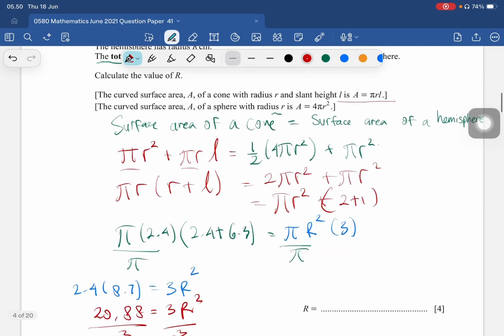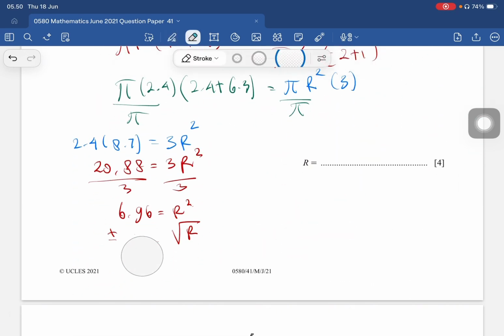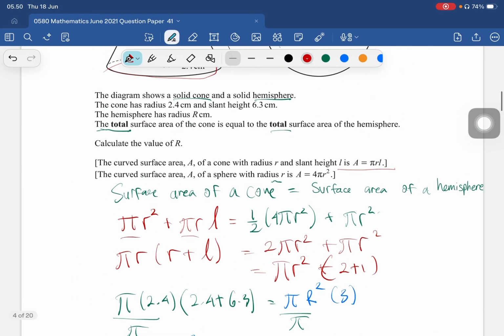As for the radius, we cannot accept the negative. So the only positive value that we will get is 2.64. So the answer is 2.64, the radius of the hemisphere.